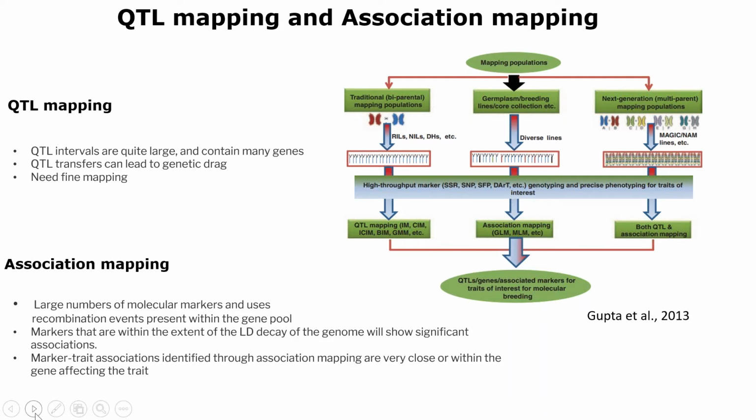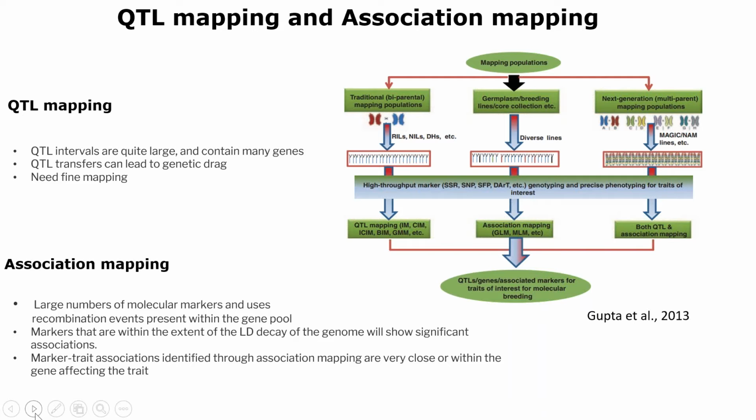But for many species this will be a little bit harder because they're perennial, so it will be very hard to develop a mapping population so fast and to do the QTL mapping on that. And secondly, in this approach, when we do QTL mapping, we land on a large chromosomal region where the QTL intervals will be quite large, and that can contain many genes.